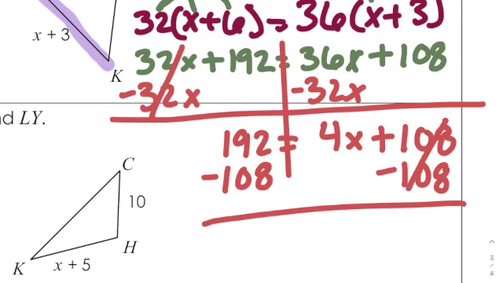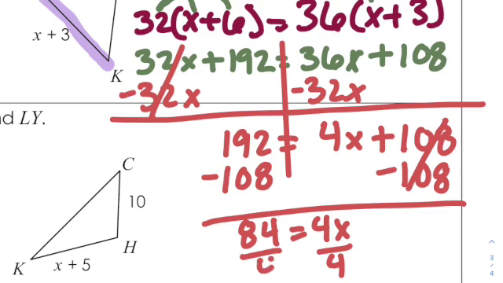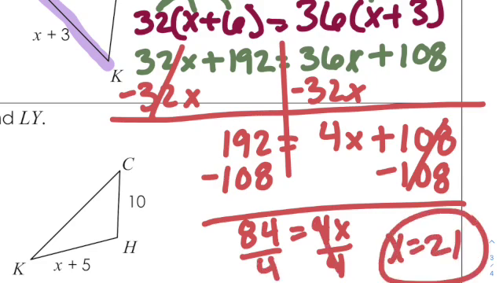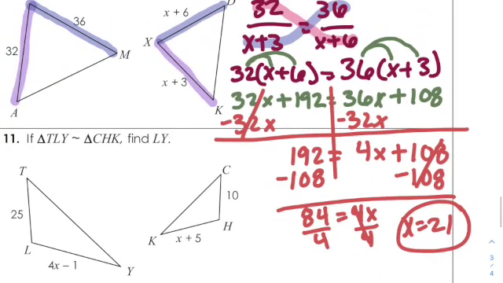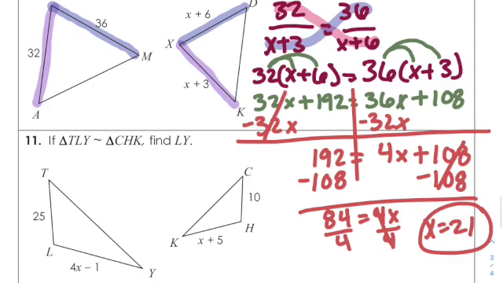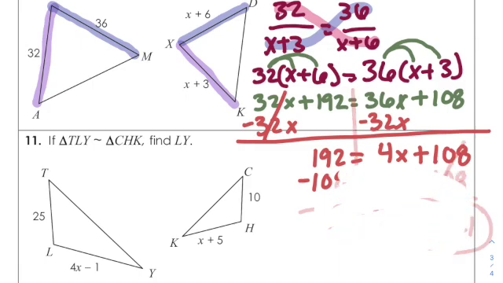Those cancel. 192 minus 108 gives me 84 equals 4x. We divide both sides by 4, and x equals 21. That's my answer. If you don't have that written down, pause the video and write it down because I have to erase, since I don't have enough room.